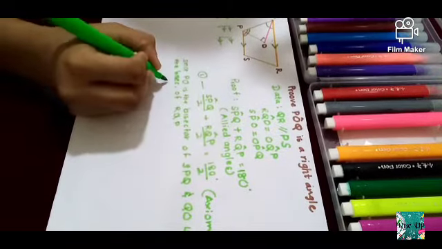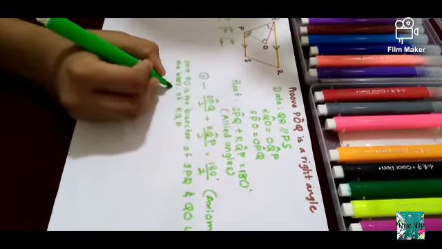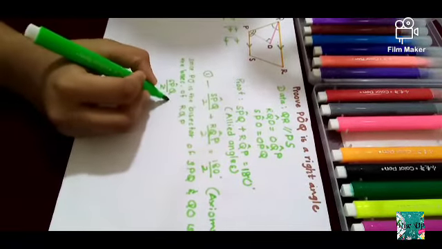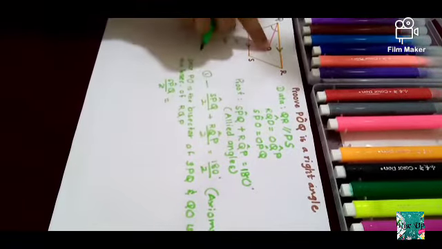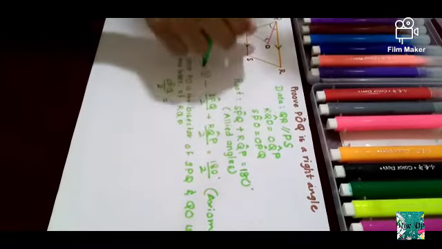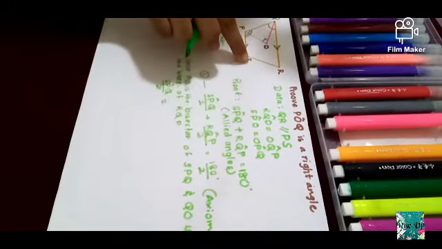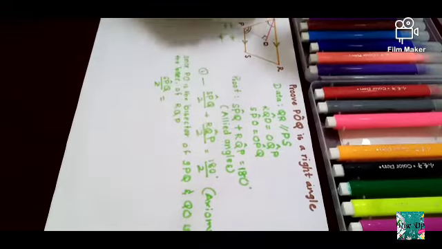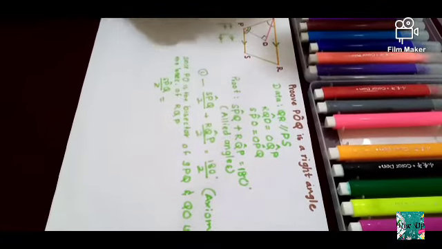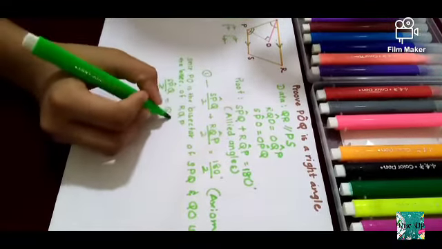You can prove that SPQ divided by 2 should be equal to QPO because it is a bisector. SPQ is exactly divided by this PO, no? So half of SPQ is equal to QPO.